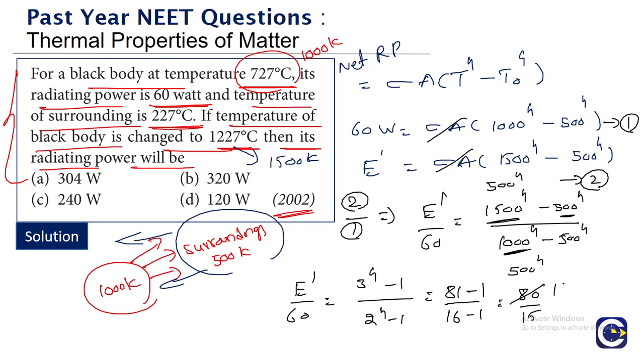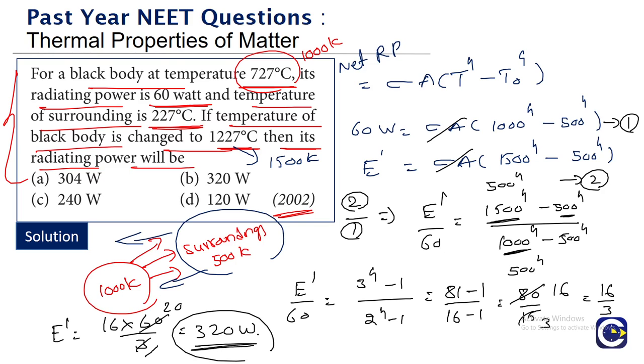Here also we can cancel: 5 16s are 80, 5 3s are 15, which means 16 by 3. So E dash will be equal to 16 into 60 by 3. The 60 goes to the right side numerator, 3 1s are 3, 3 20s are 60. 16 into 20 is 320. The unit is watt. So the radiation power in the second case is 320 watt.